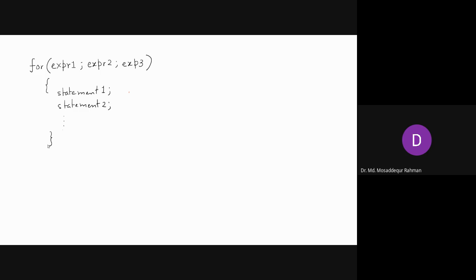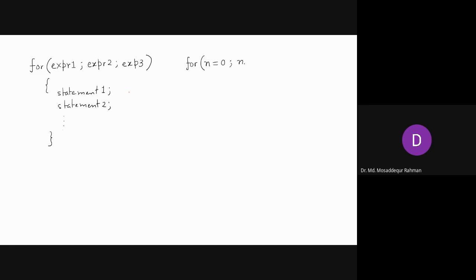So the three expressions here, the first one is usually an initialization. If you want to initialize a value, let's say we take a parameter n and we initialize it with 0, right? So that will be our first expression. And in the second expression, we put a limit to this value of n.